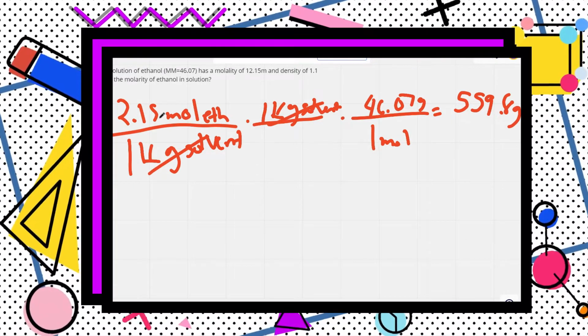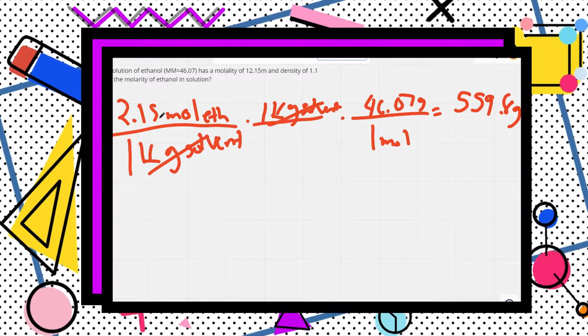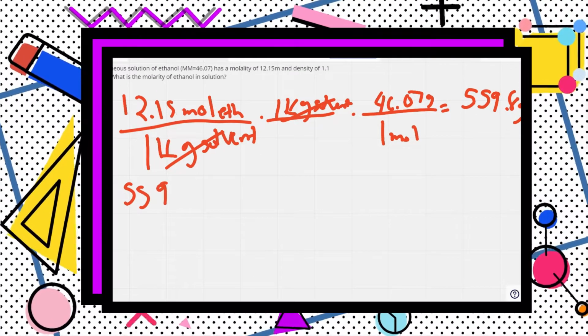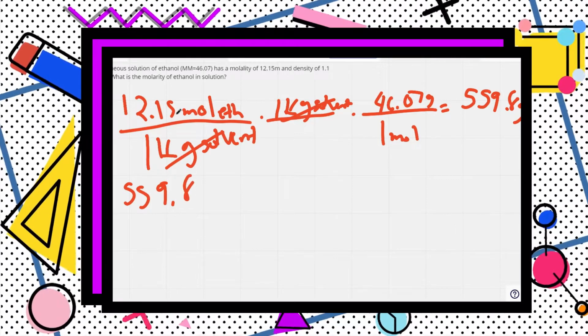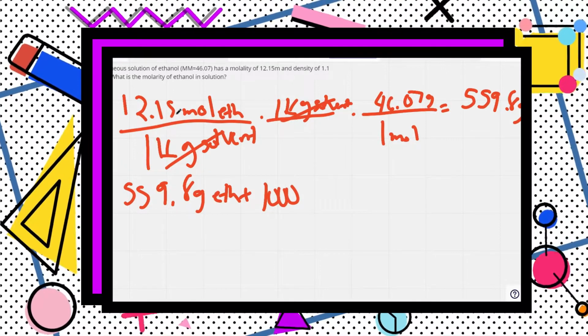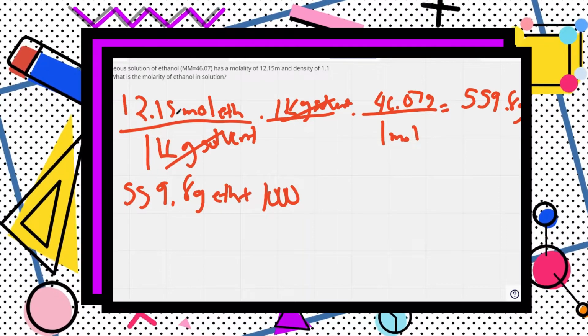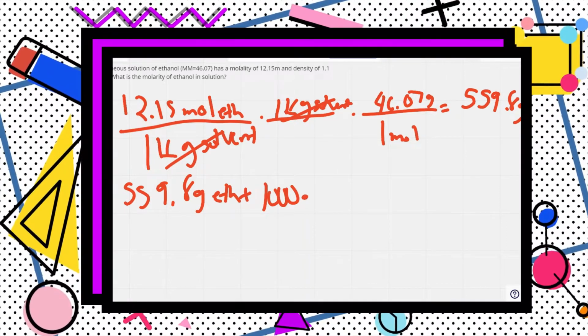So basically, if I add 559.8 grams of ethanol plus 1 kilogram of solvent, or you could just say 1,000 grams, because for every 1 kilogram we have 1,000 grams with prefixes.